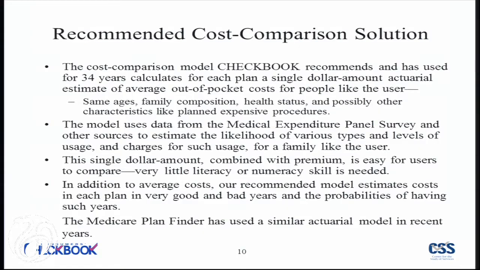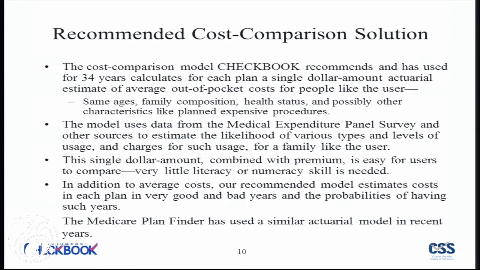So the solution that we recommend, what we've been using for 34 years, calculates for each plan a single dollar amount actuarial estimate of average out-of-pocket costs for people like the user: same ages, family composition, health status, and possibly other characteristics like planned expensive procedures.